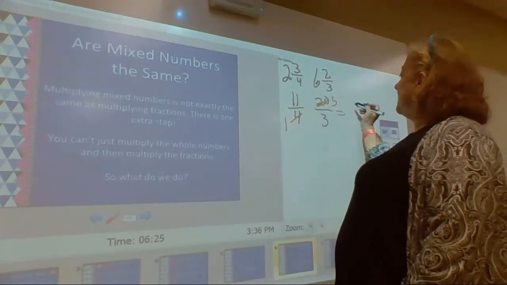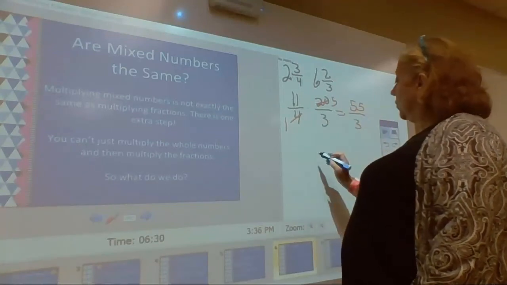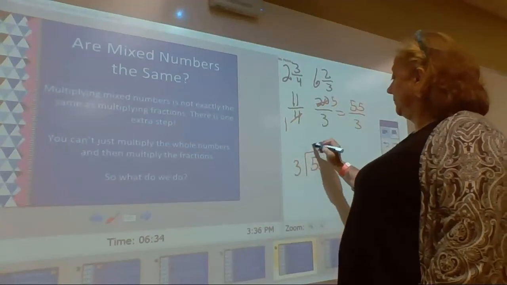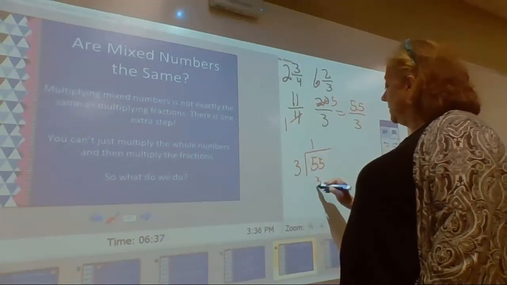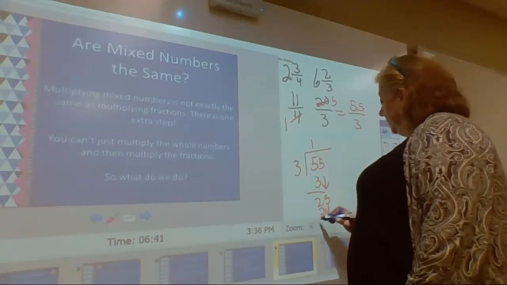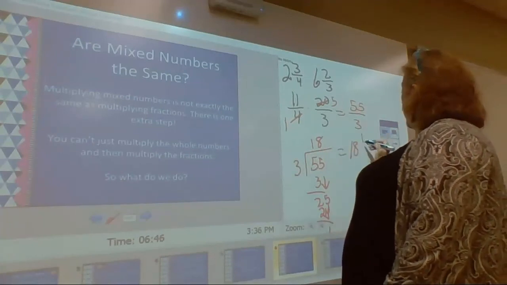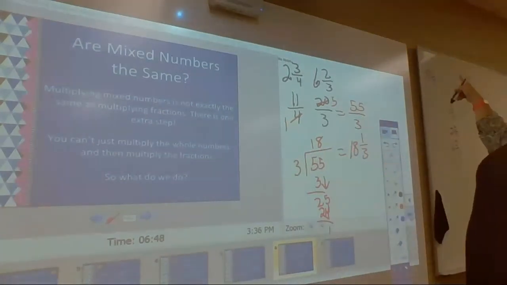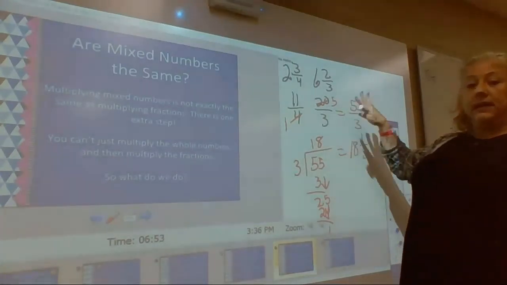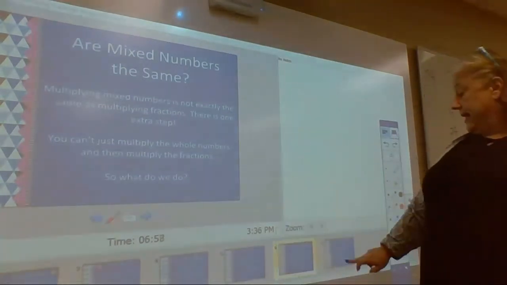So 11 times 5 gives you 55. 1 times 3 gives you 3. Once again, if we do our division, just like we did earlier, we get 18 and 1/3, which is what we got from our previous way of doing it. So this is a whole lot easier. If this confuses you, make sure that you know at least how to do it the other way.